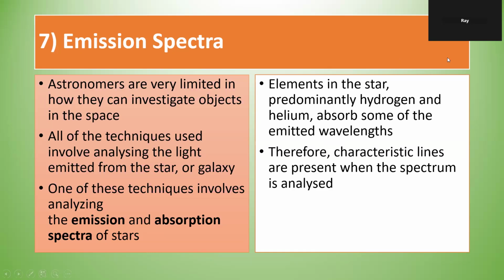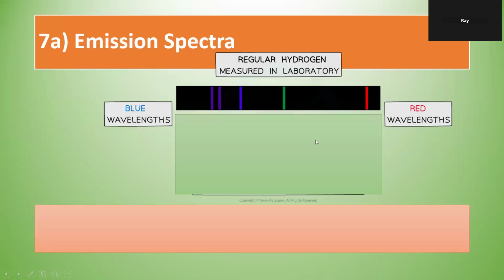Each element, hydrogen or helium, has a specific emission spectrum or absorption spectrum. That's how we can identify the elements present in the star or in the sun. Okay, that is emission spectra.